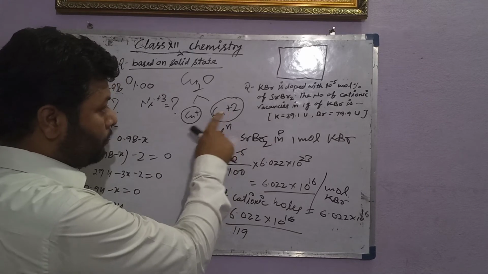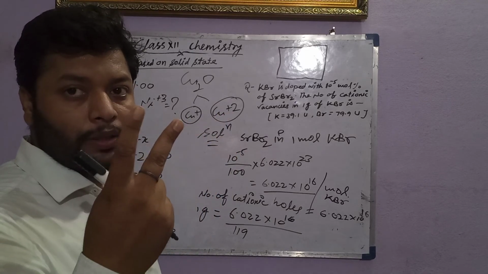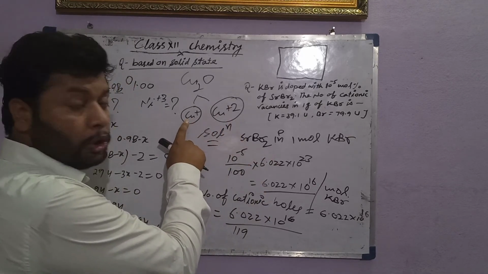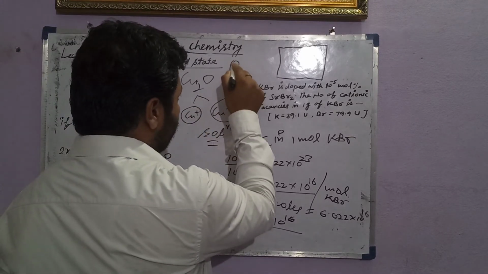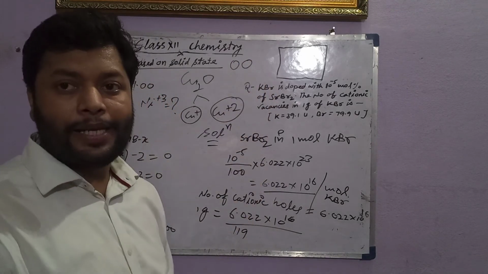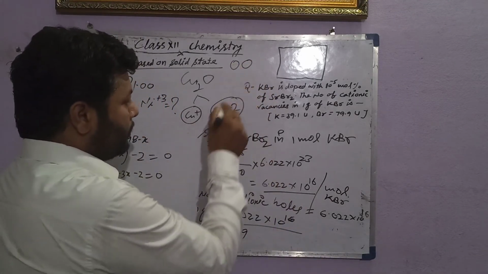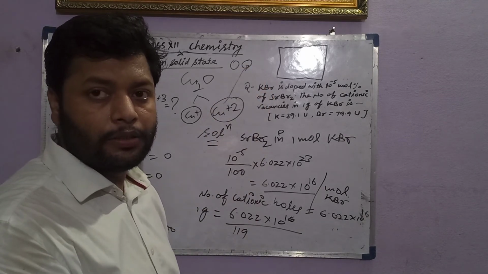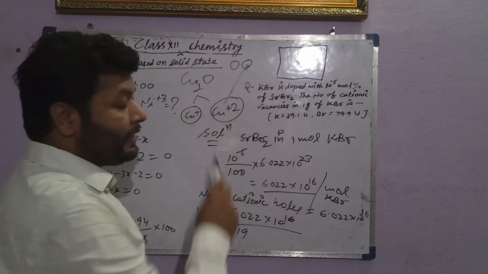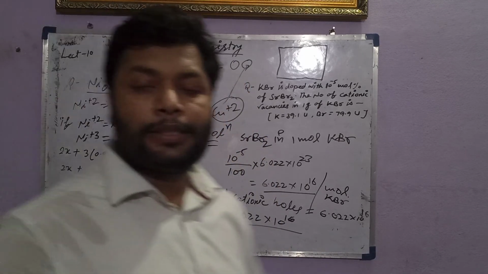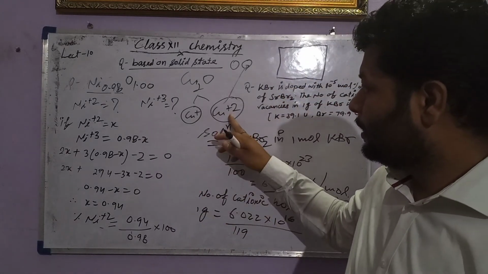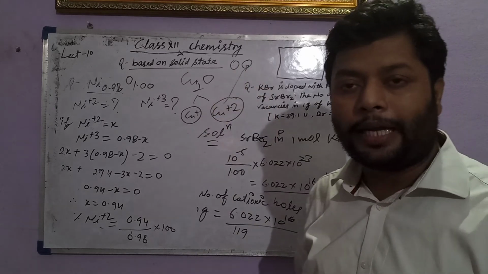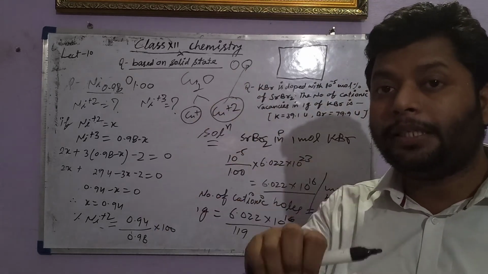So one copper plus 2 must replace two copper plus 1 ions. Two cuprous ions are replaced by one cupric ion, so one cationic vacancy is occupied by the cupric ion. Whenever a cationic vacancy is occupied by cupric, one cuprous cationic vacancy will be left in the crystal.